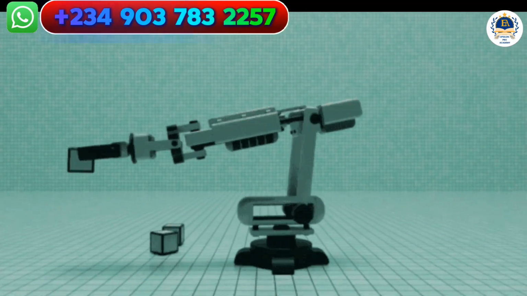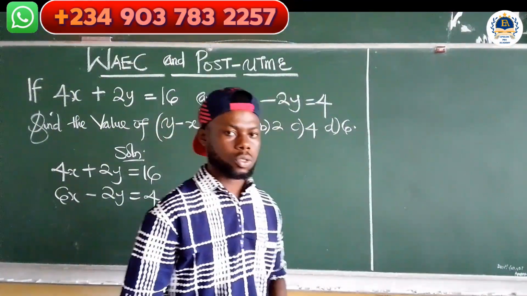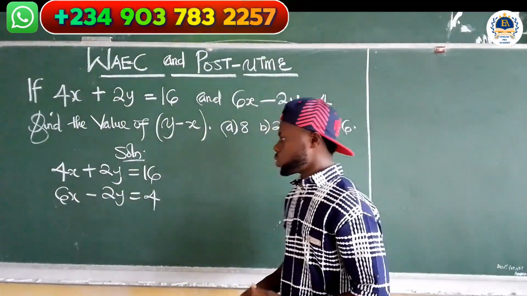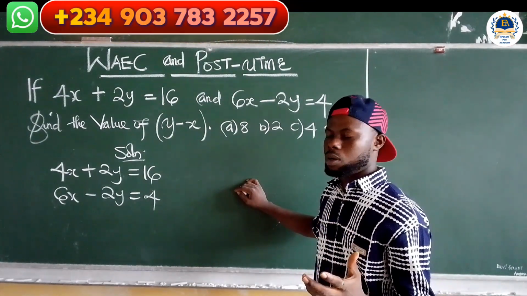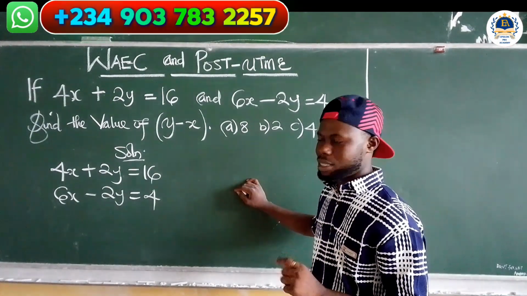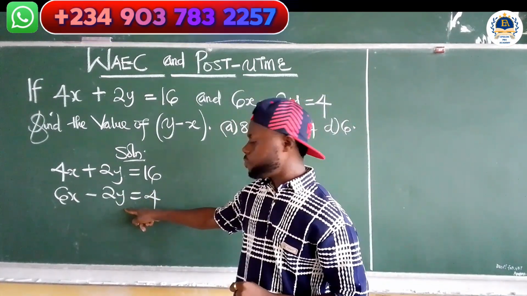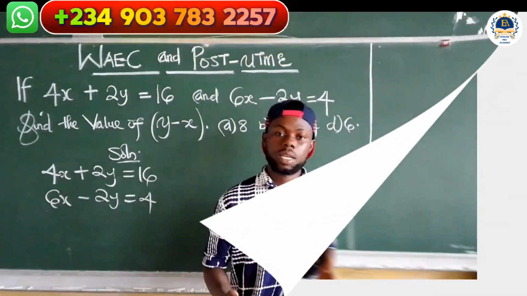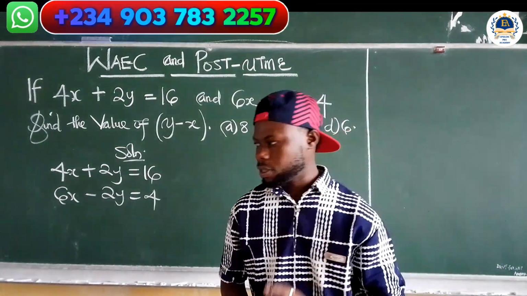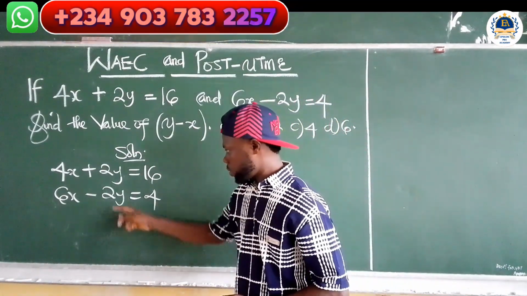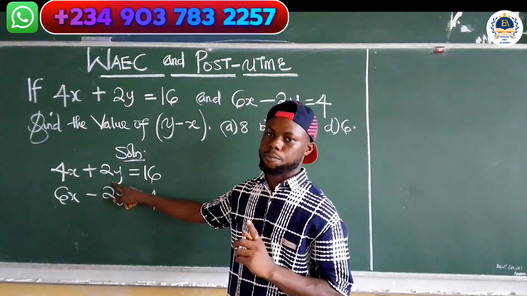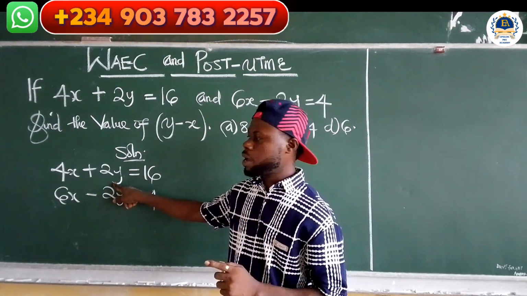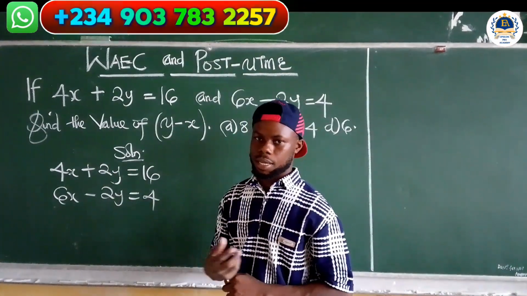We can either solve this by the elimination method or the substitution method, but we are going to work on this using the elimination method. The reason is because we can easily eliminate the y variables. Using the elimination method, first, the coefficient in either of these variables must be the same before the term can be eliminated.